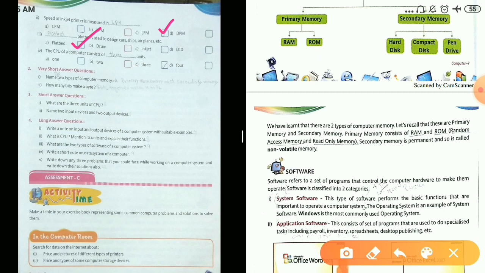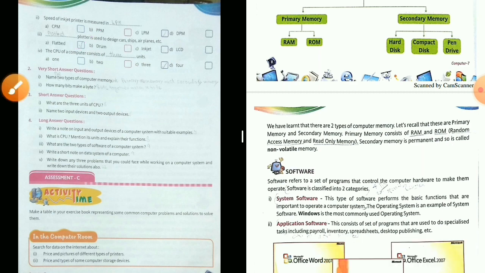The fourth one, the CPU of a computer consists of basically what? 3 units. Okay, 3 units it consists of. Now coming towards with your very short answers question. Now see, name any two types of computer memory. Firstly, you have to write down from the question.